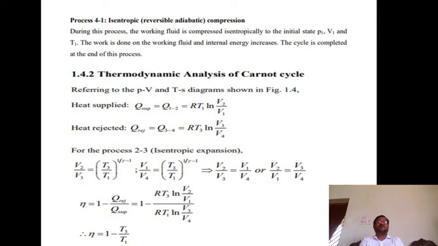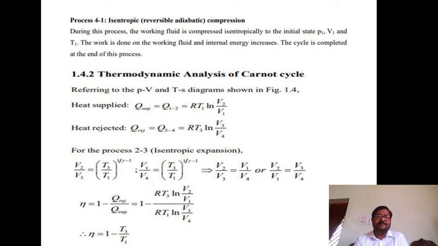Next, process 4 to 1 is the isentropic or reversible adiabatic compression process. During this process, the working fluid is compressed isentropically to the initial state P1, V1 and T1. Work is done on the working fluid and the internal energy increases. The cycle is completed at the end of the process, and like this, the cycle repeats.